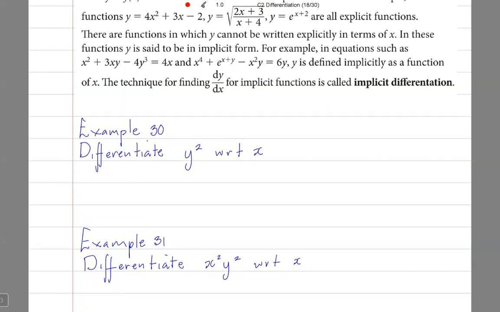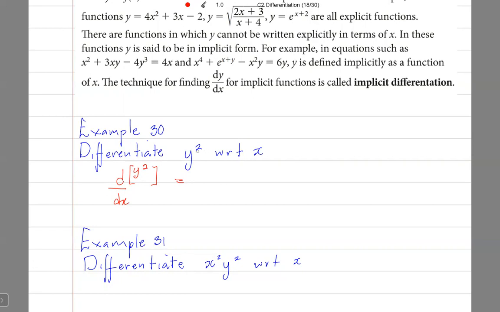Now, when you differentiate y squared with respect to x, this is a power differentiation, and it's a power differentiation and chain rule all in one.